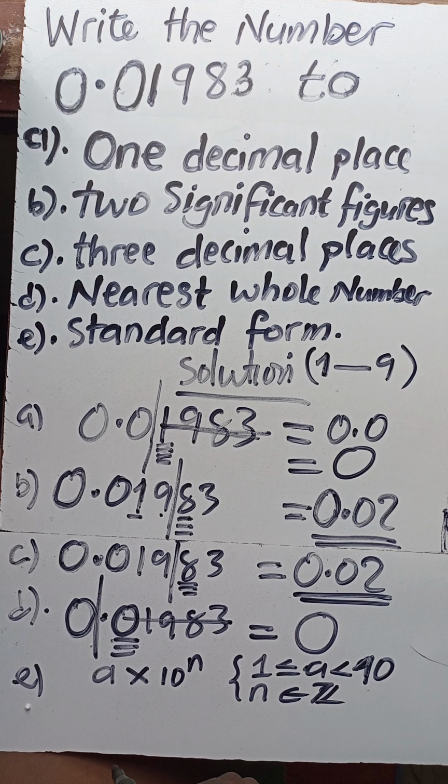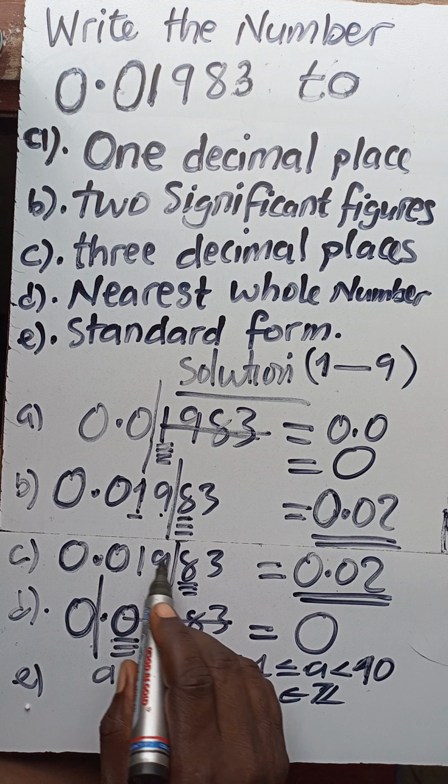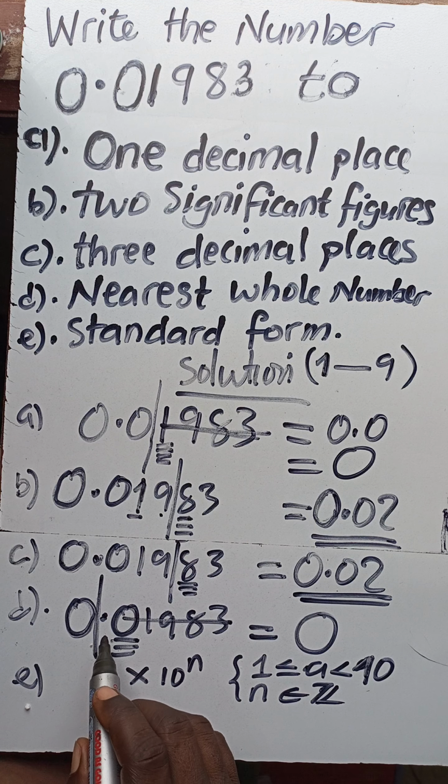So, to write that number in standard form, what we need to do is to move the decimal point to the right so that we can create our A, knowing the definition of A. So this decimal point, if we move it here, it will be 0.19.